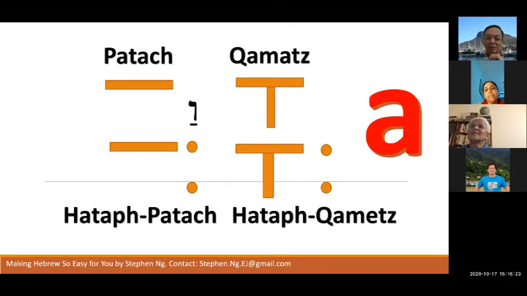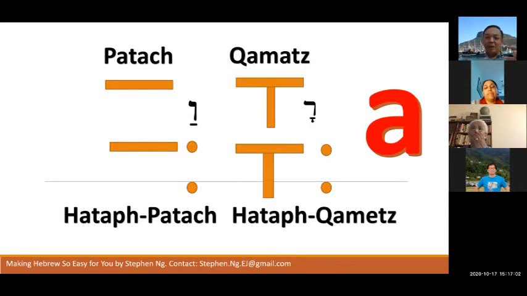So how do you pronounce this syllable? Wa. Correct. That is Bahasa Malaysia, that's Malay, and that's Hebrew as well. Basically it works in the same way. For those of us who have gone through the Malay language system, we have no problem because we know how the suku kata or the syllables work. So vav and the patah is wa.